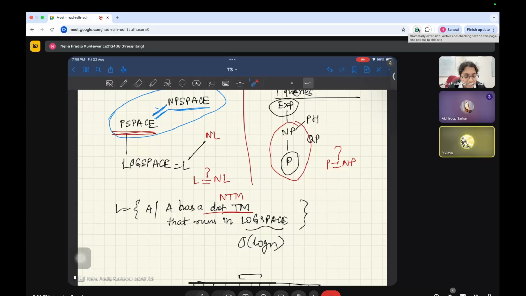Right. And moreover, just now you also said that even though PSPACE is equivalent to NPSPACE, this does not hold true for L and NL. Can you elaborate on this? Why is this not correct?